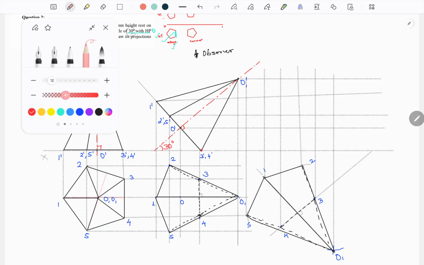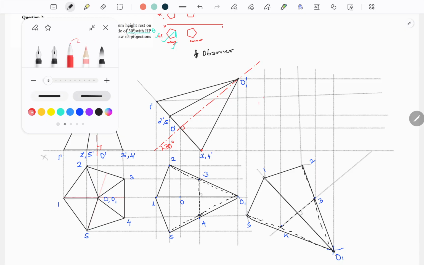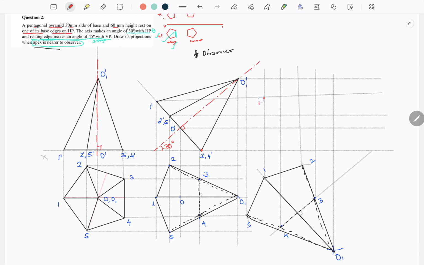I will use red color now for locating the points. 1 vertical, 1 dash horizontal, here is the point, this is my point 1 dash.